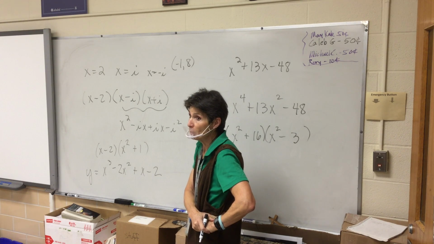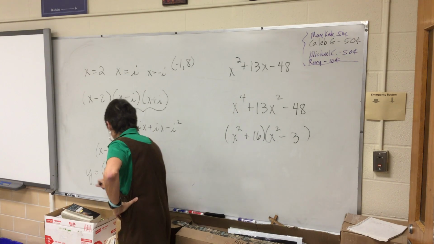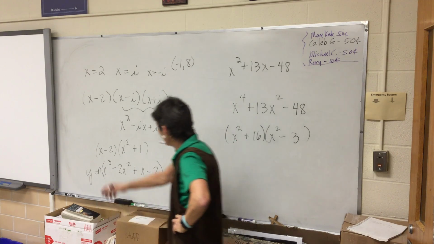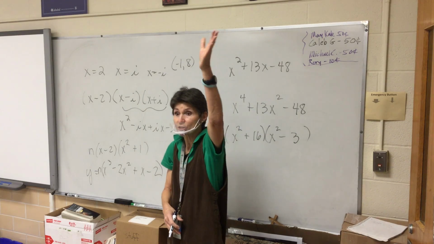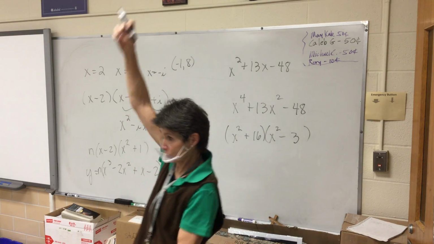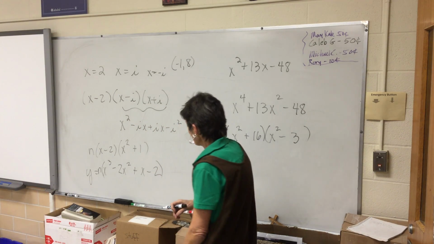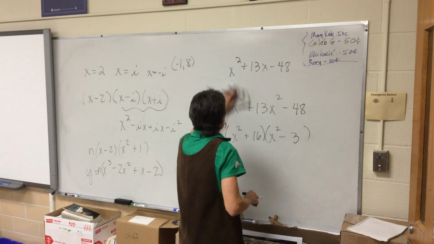I'm going to plug in that point because I have no idea what coefficient might be out here in front. Remember, there's a coefficient out there in front that controls whether it starts up or down, how tall it goes up. Remember that from before? So I'm going to take that point and I'm going to plug it in.